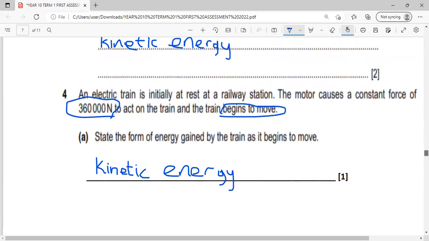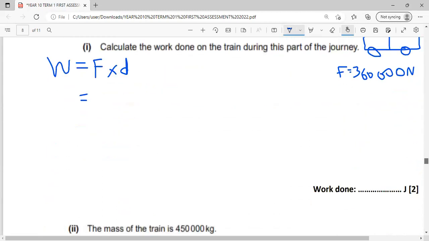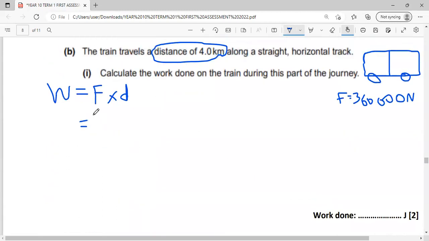So we multiply 360,000 by what? You multiply by the distance.